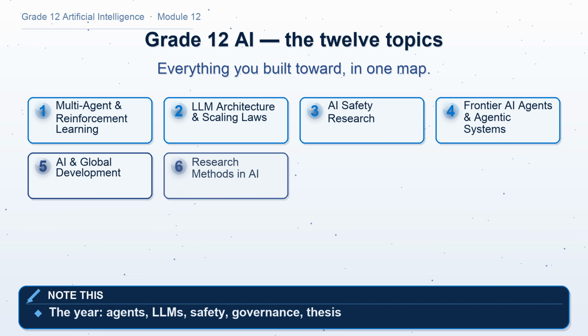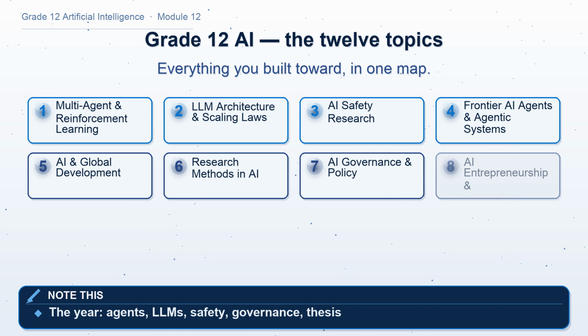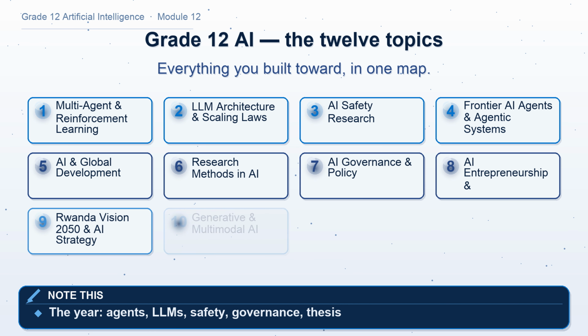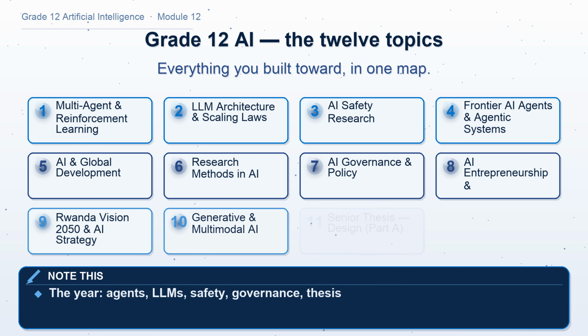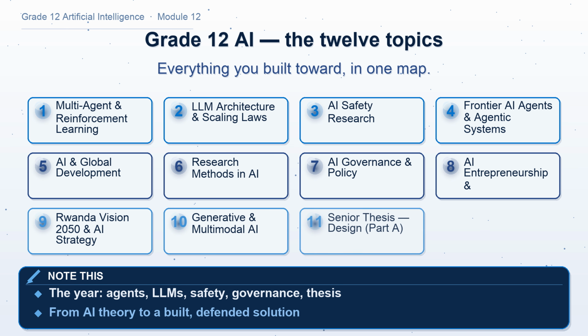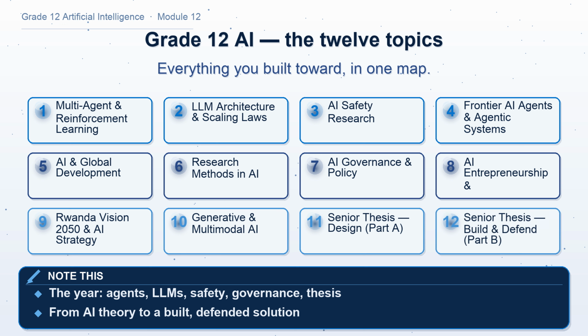You explored governance and policy and how an AI idea becomes a responsible business. You placed it all within Rwanda's Vision 2050 and its AI strategy, and met generative and multimodal models. And across these final two modules, you designed, built, and defended a senior thesis of your own. 12 topics, one journey from theory to a working solution.